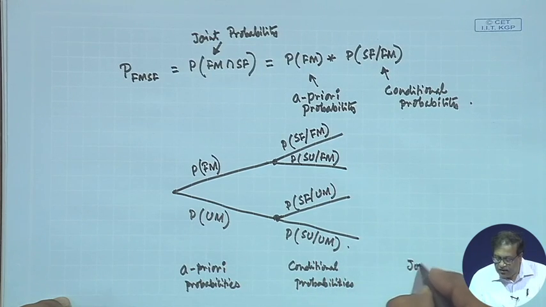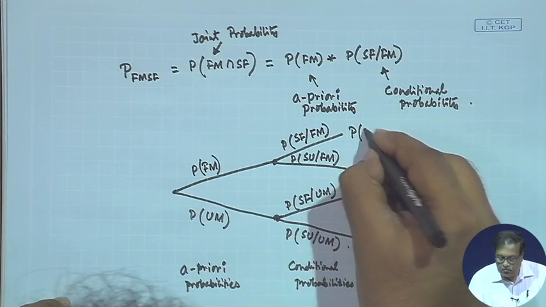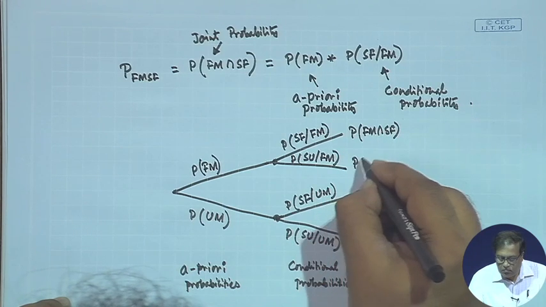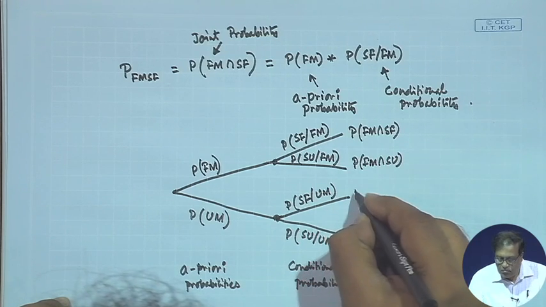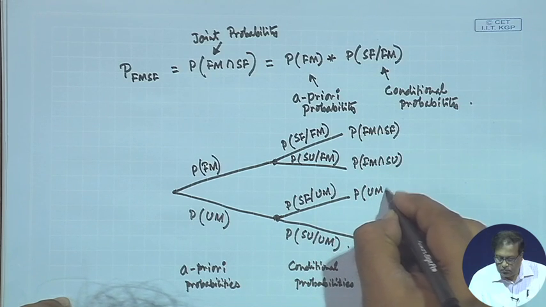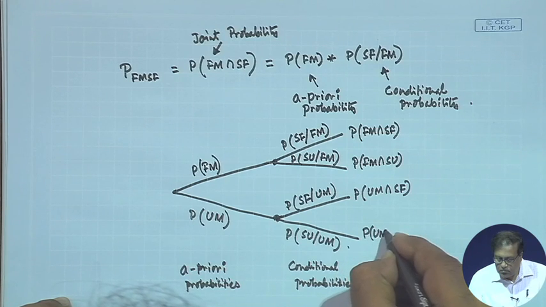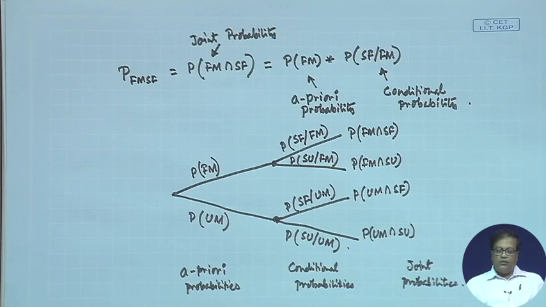When you multiply, you get what is known as the joint probabilities. Right. So, these are the joint probabilities.